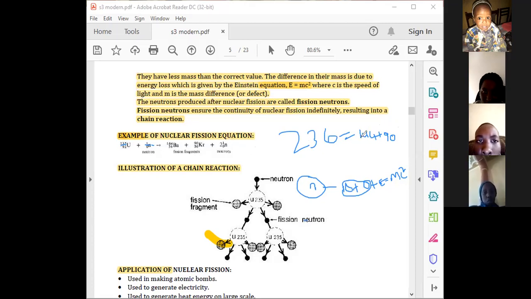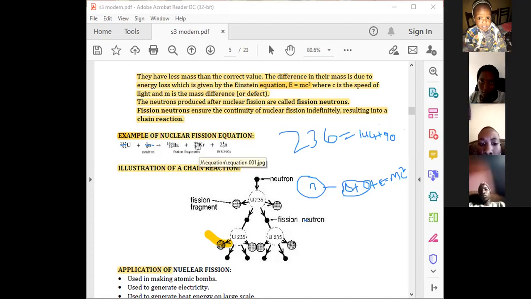To balance it, I need extra energy. So this extra energy is saying that I'm having 2 neutrons. So this 2 is going to multiply with the 1 on top and it becomes 2. So when I add this 2 here, it becomes 236. This 2 also multiplies with the 0, it becomes 0, plus 36 on the lower part plus 56 gives you 92, which is the same value as uranium.